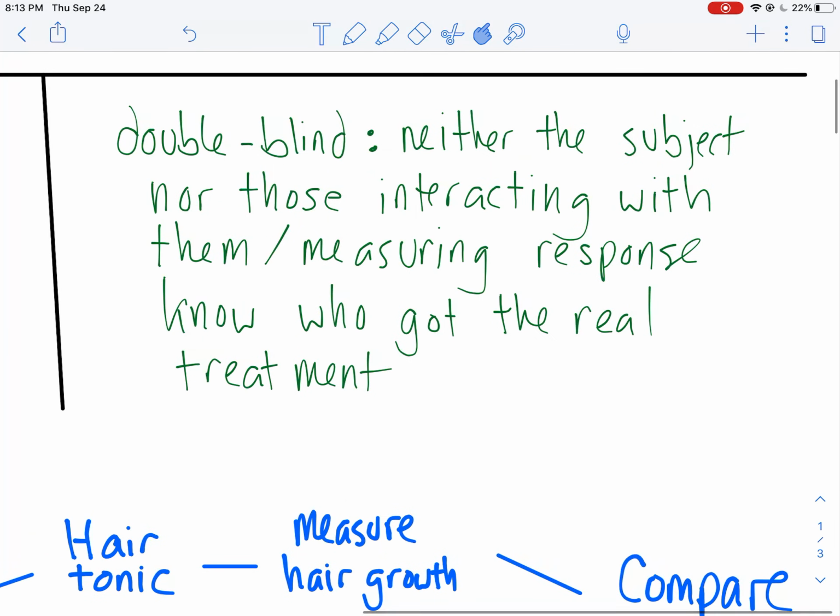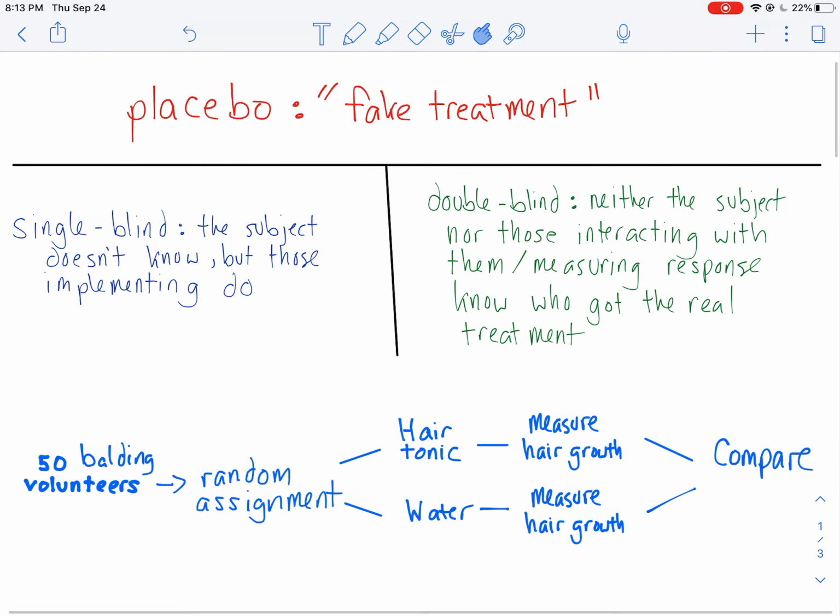The reason they do double blinding sometimes is so that the scientist or whoever's implementing the experiment doesn't impose any sort of change. Sometimes they're so hopeful for it that maybe they impose it, or maybe there's some sort of favoritism towards one treatment or the other. So that's why you have double blinding. And again, that's when the subject doesn't know, and the person implementing the experiment doesn't know.